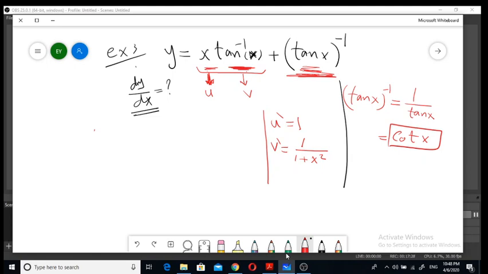Then we can apply the product rule for the first term. Y prime is equal to u prime v plus u v prime.